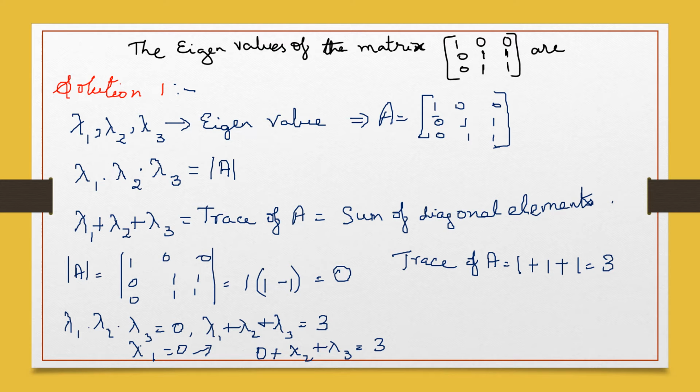It should be positive numbers in most of the cases, assume it. So it can be 1 and 2 only, because 1 plus 2 is 3. So lambda 1 is 0, lambda 2 is 1 and lambda 3 is 2. This is one of the ways to find the eigenvalues.